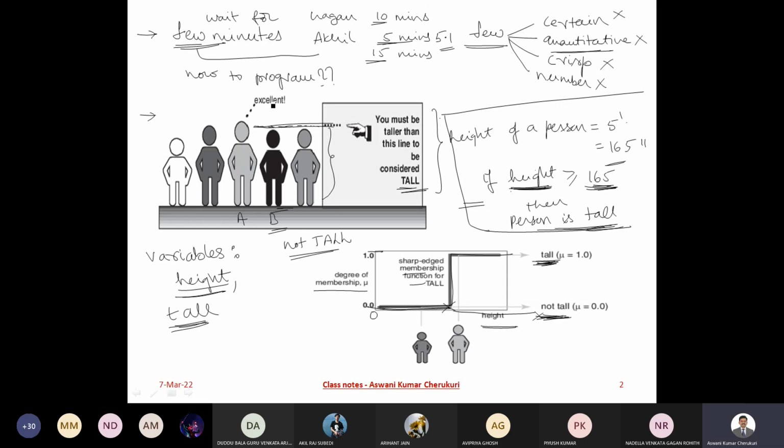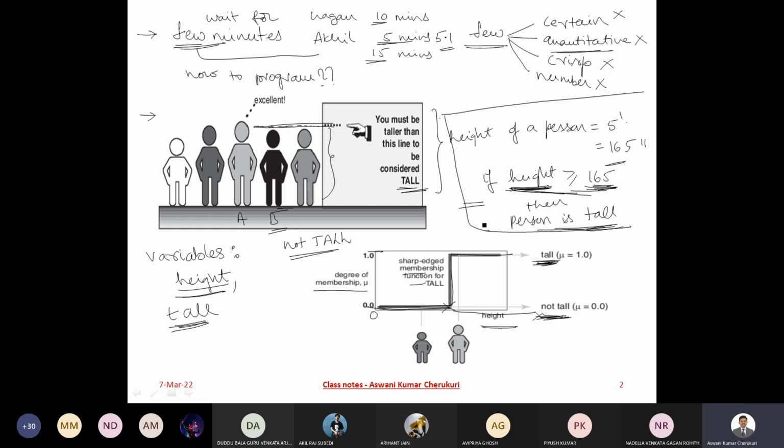Correct. So now the point is, when you want to bring in granularity, height is 165. When it comes to persons, somebody is saying that 165 centimeters is tall. Now imagine you are taking a set of individuals from a particular geographical region, such as the African continent, where typically the height of an individual is much larger than that of other individuals.